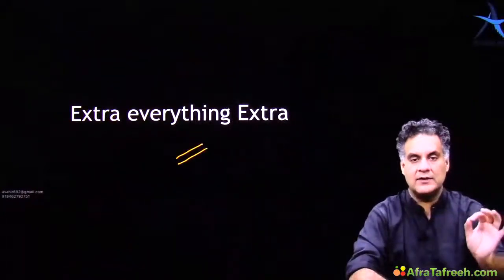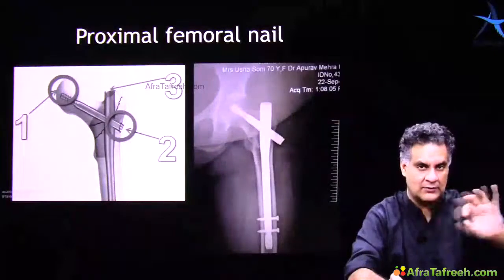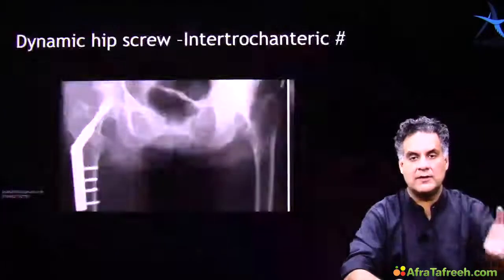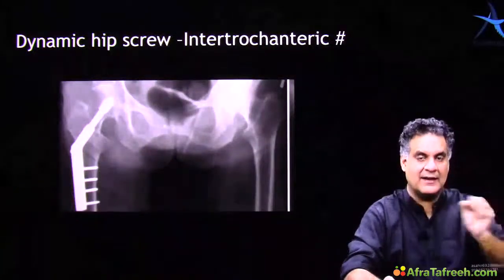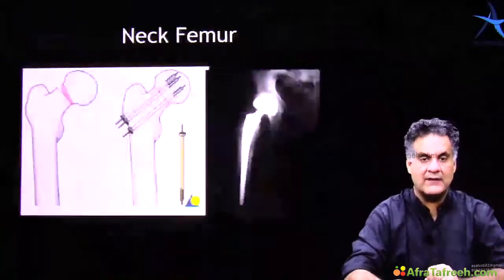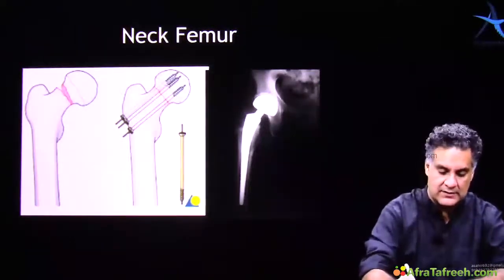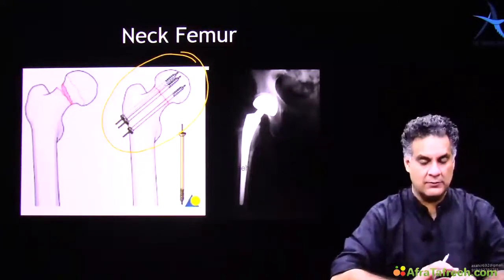The treatment of extracapsular fracture is simple. You put a nail along with a screw, called proximal femoral nail, now the preferred treatment, or you can also put a dynamic hip screw, a screw along with a plate, and as the bone unites, it slides on. Whereas the neck femur is also called an unsolved fracture. In patients less than 65 years of age, with the fracture less than 3 weeks old, you just put screws.